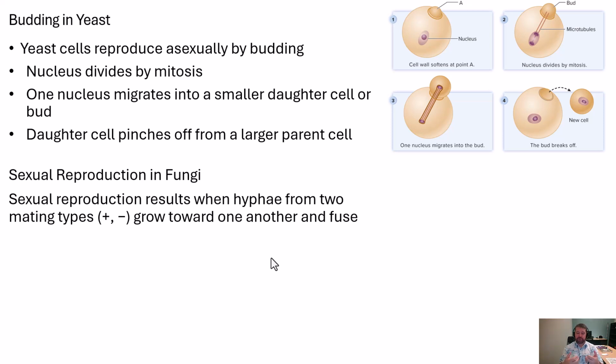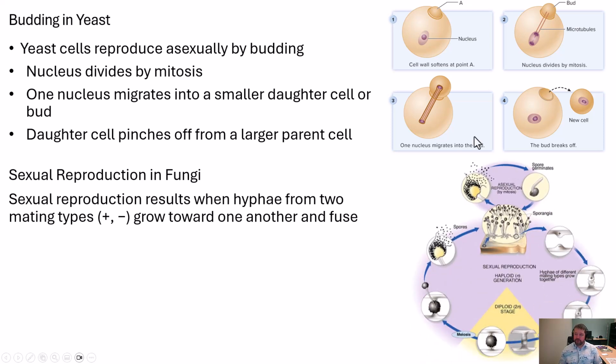If a plus and minus hyphae come together, then they can start going through the germination and meiosis process and produce a spore or spores that are the result of meiosis, not mitosis. And so they would not be genetically identical, so they would go through actual sexual reproduction. It's kind of a neat system.